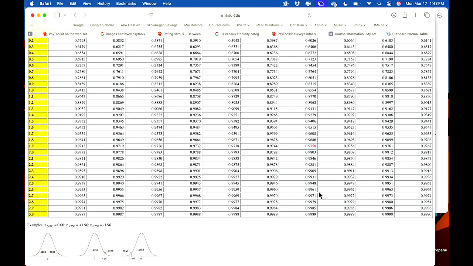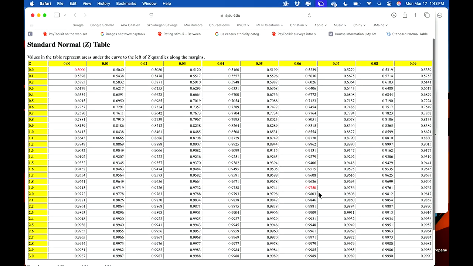What all the numbers in the table, let's take a look at that. Take a look at the actual table. What all these numbers represent is the percentage of data that is to the left of that particular point on a standard table. So let's see if I can zoom in on this here.